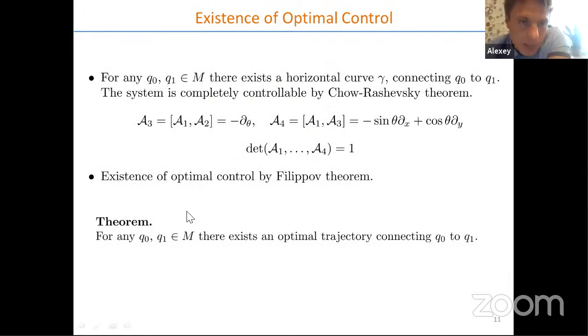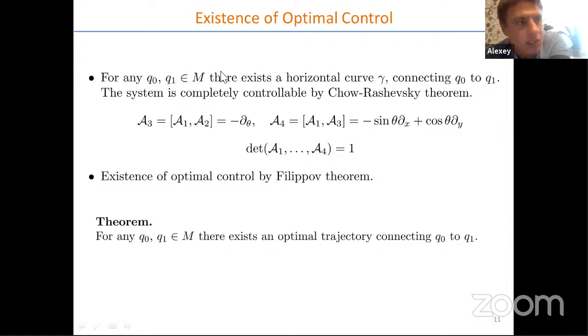But before applying the Pontryagin maximum principle, one can ask if a solution exists. Namely, do we have horizontal curves that connect any two given boundary conditions? The answer is yes. It is guaranteed by the Chow-Rashevsky theorem. If we compute the commutators and put them into a determinant, they are linearly independent at every point.